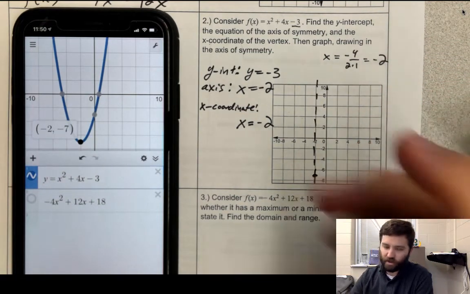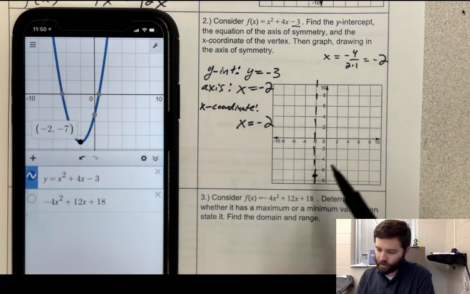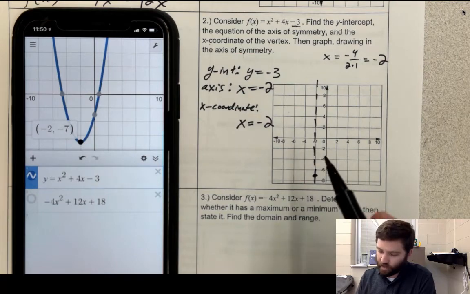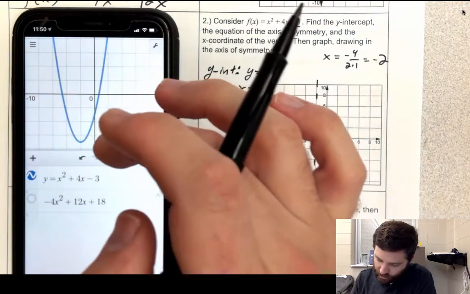Another way to graph this is not to just go from the table of points, but to plot using one point on each side.